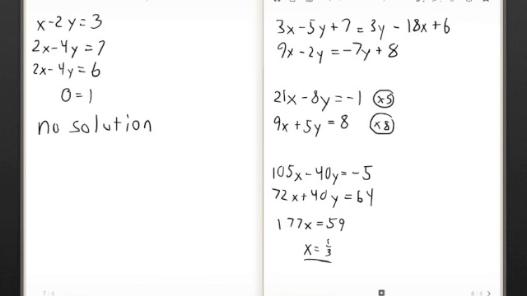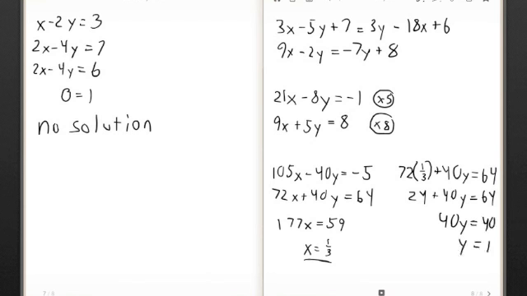Now we can put that back into an equation here. Let's pick the second one. We'll get 72 times x of 1/3 plus 40y equals 64. So that's 24. 40y equals 40.